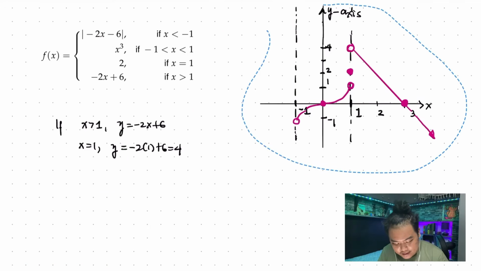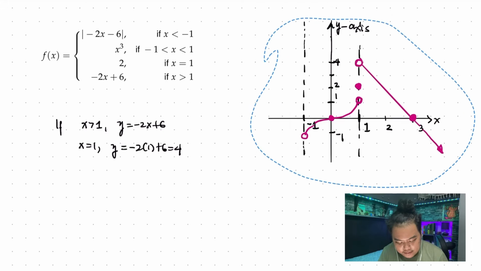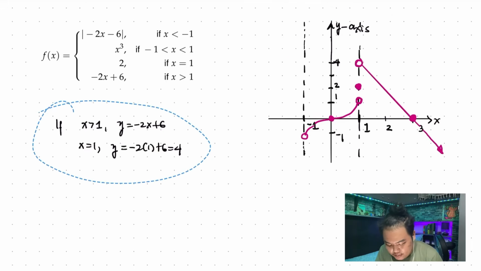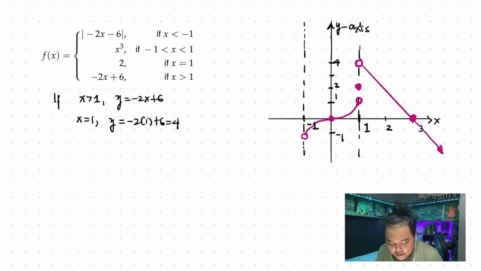Iuusog ko lang ang ating graph because I need space. Hala, baka matakpan ko na yung sarili ko. Okay, so if x is less than negative 1, ito is a sketch, no? Y is negative 2x minus 6.